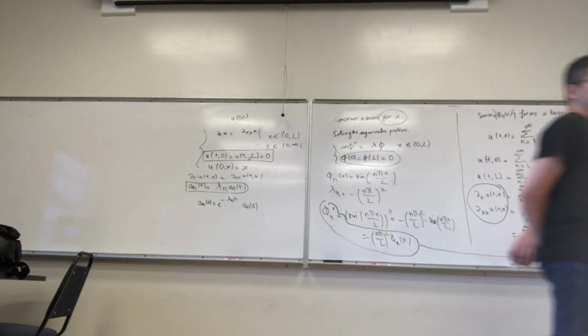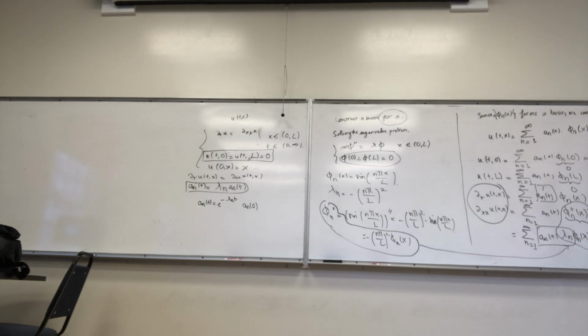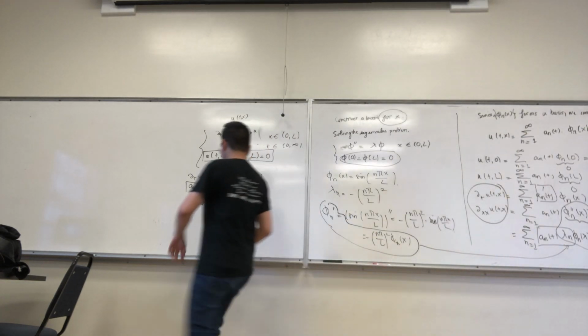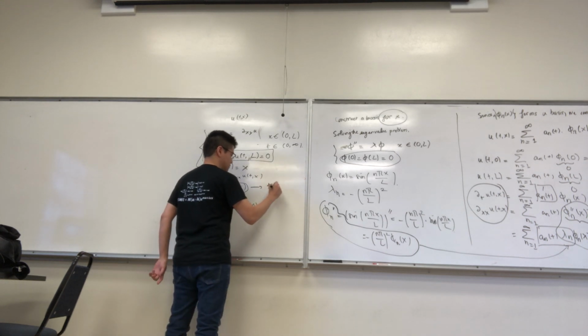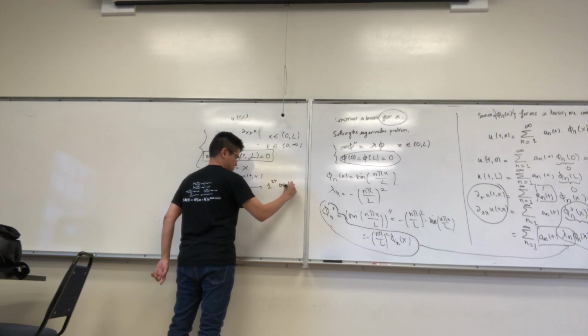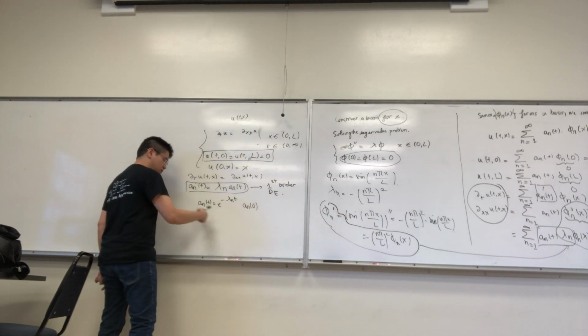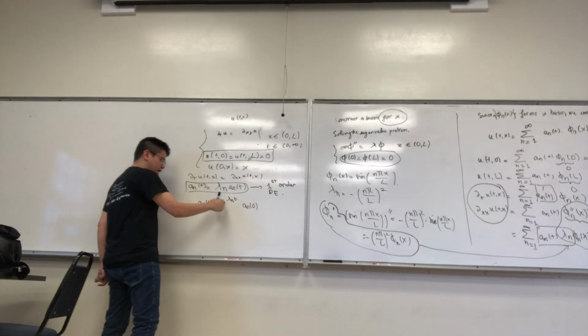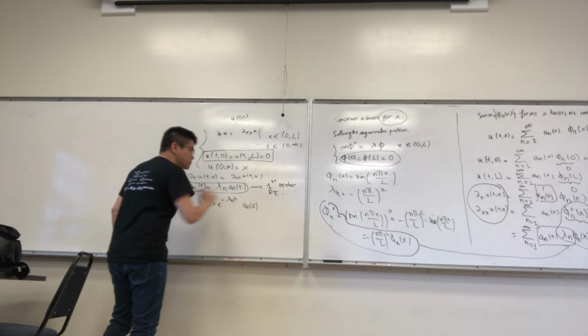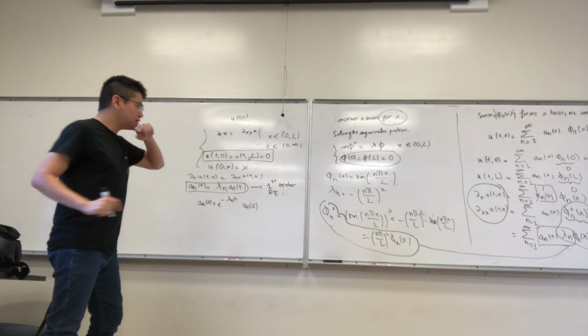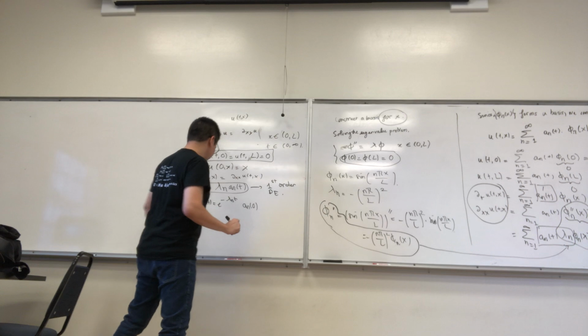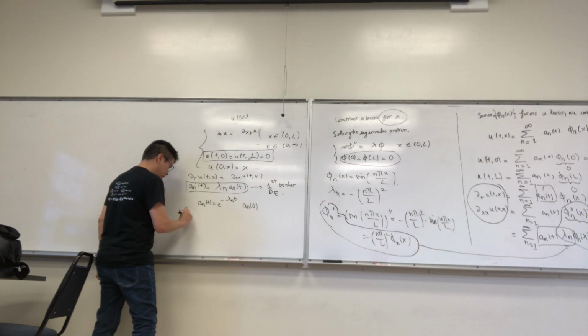Right? Questions? Right, so now this is a first order differential equation, and this is separable. So you can solve it, and a_n(t) is going to be exponential of minus lambda_n t times a_n(0). Right? So now I'm going to plug this formula into the formula over there.